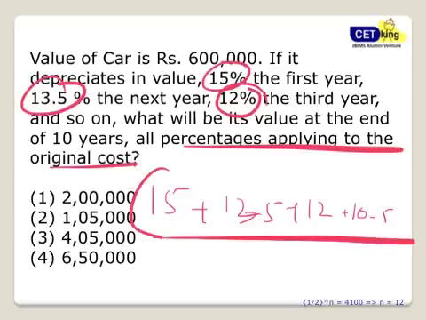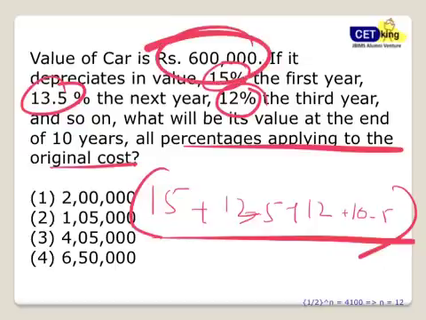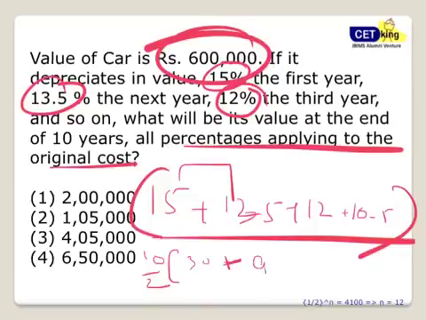फाइन, so 15, 13.5, up to 10 terms, sum of 10 terms निकाल लिया, जितना भी परसेंटेज आया उतना 6 लाख से कम कर दिया, reduce the percent on 6 lakh. Sum of 10 terms, so 10 by 2, 2a, 30 plus n minus 1, 9 into d, 1.5.